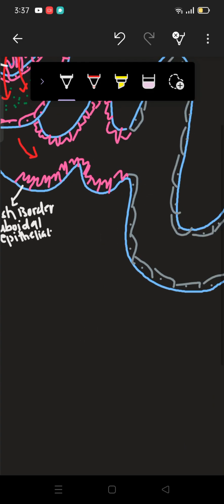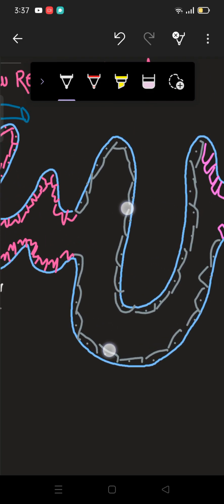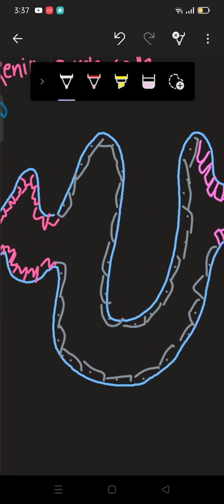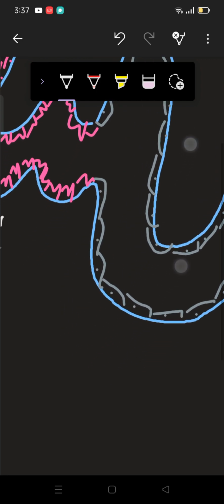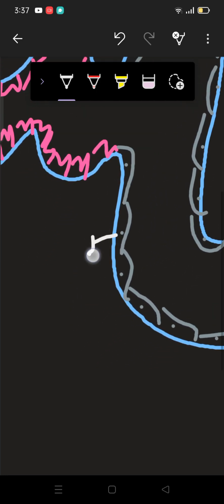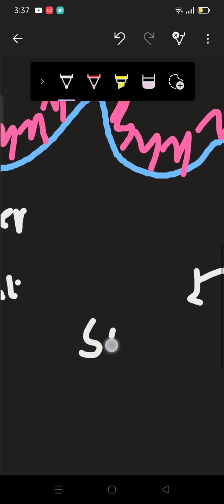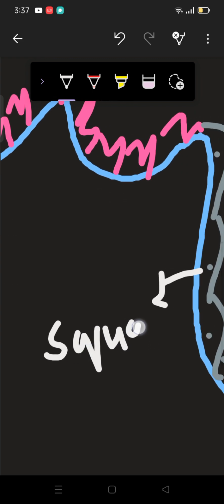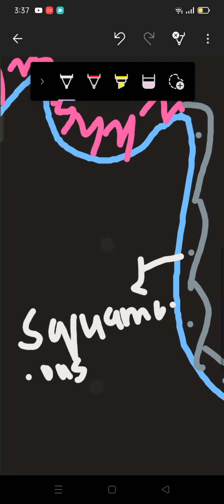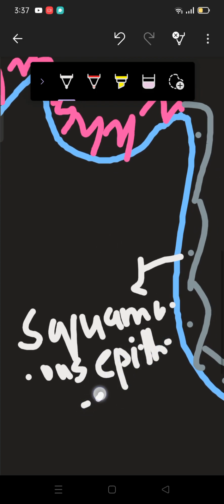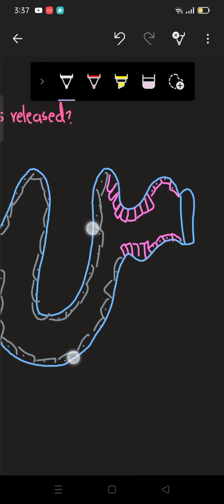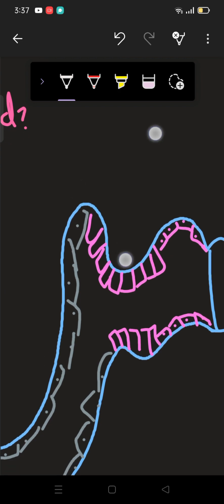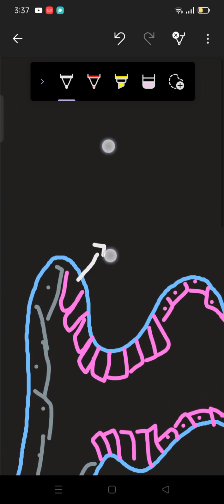Then in the loop of Henle we have cells which are known as squamous epithelial. In the DCT we have cells which are known as macula densa.